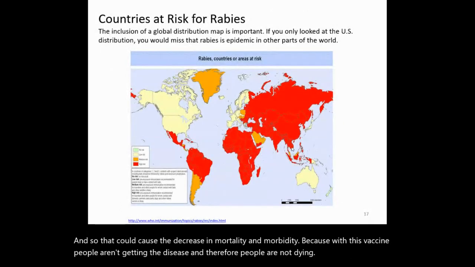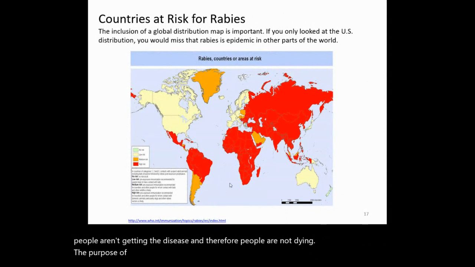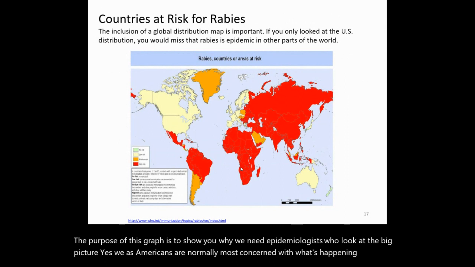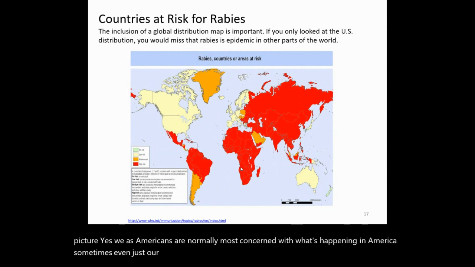Okay. The purpose of this graph is to show you why we need epidemiologists to look at the big picture. Yes, we as Americans are normally most concerned with what's happening in America, sometimes even just our own specific state.